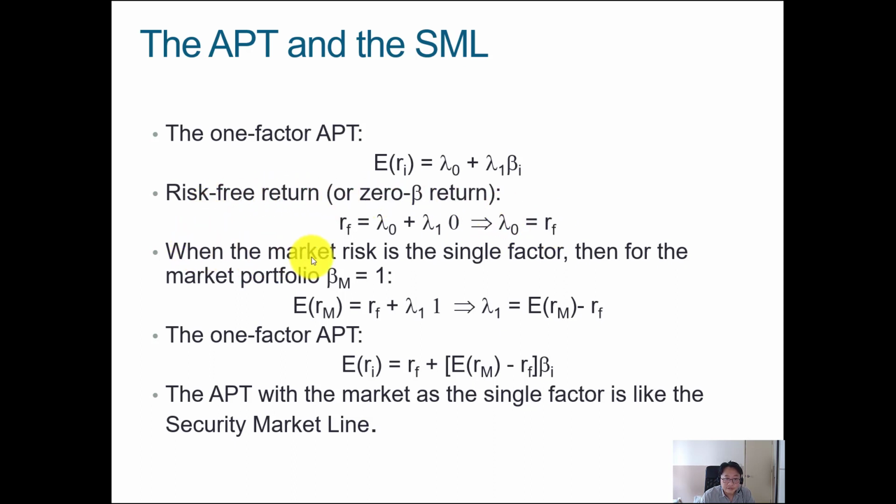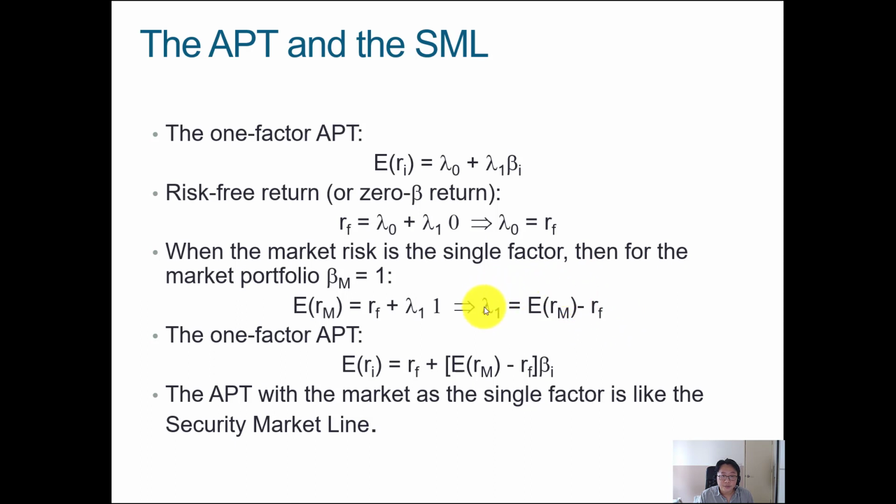When the market risk factor is a single factor, this is like the CAPM. The arbitrage pricing theory is more generalized because you can have multiple risk factors and different types of risk factors. You're not restricted to market risk. But if we look at the arbitrage pricing theory that has market risk as a single factor, and the market portfolio has a beta of 1, then the expected return on the market equals RF plus lambda 1, with beta equal to 1, which means that lambda 1 is the market risk premium.